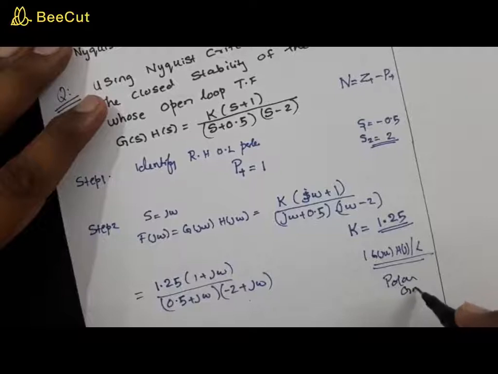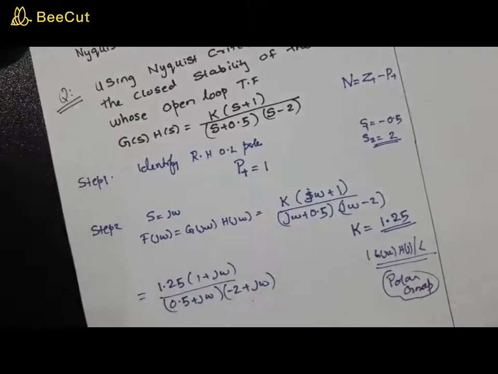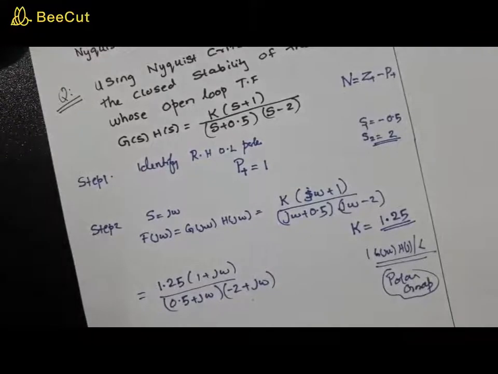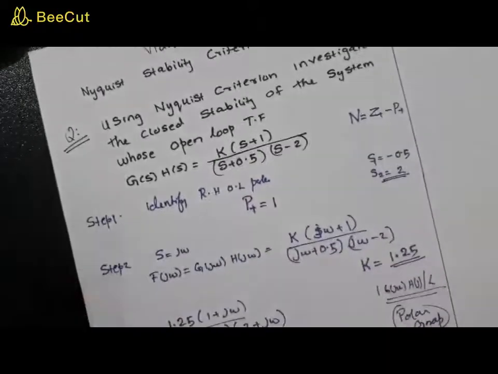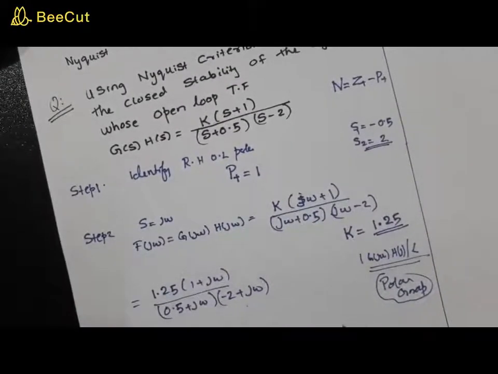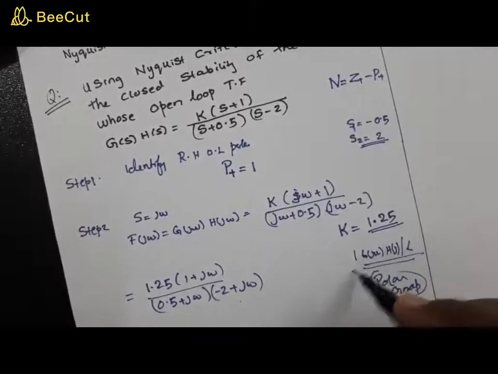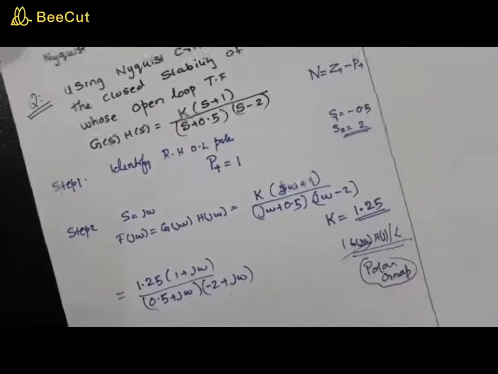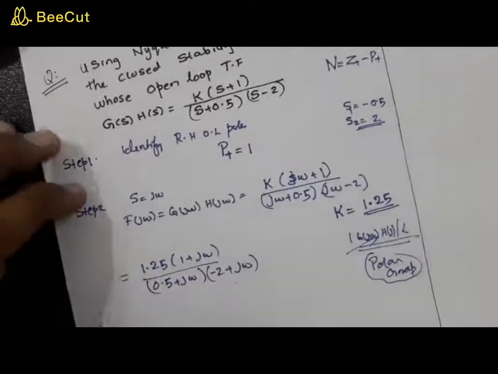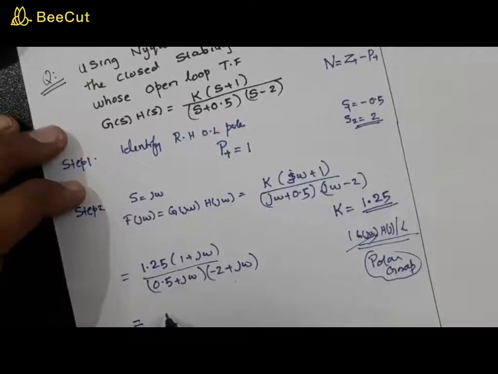That's a special type of graph sheet which I will tell you about later if time permits. Normally the question is not asked in that way. You will simply be asked: using Nyquist criterion, and so on. So you can just draw it on a blank paper. To plot that on a blank paper, this representation is not enough, so you need to represent this in the form of a plus jb.